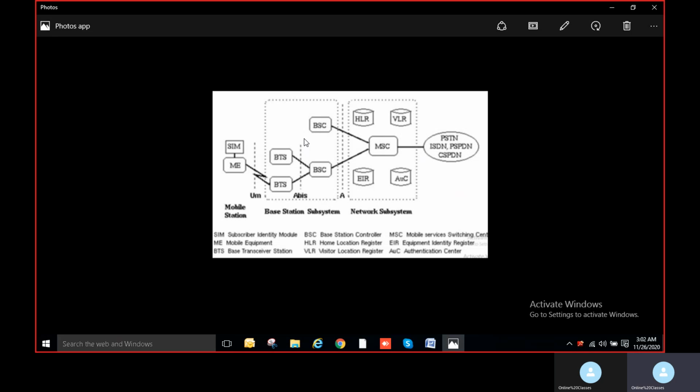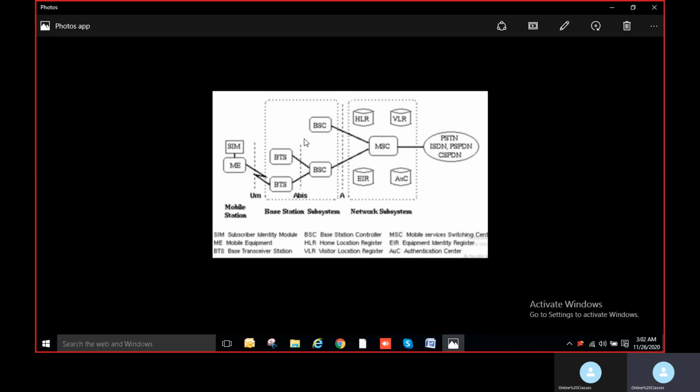We can download videos, share pictures and many other things with the help of our smartphones. It was launched in the year 2000, and commercially in 2001, but in India it was launched around 2012, I think.